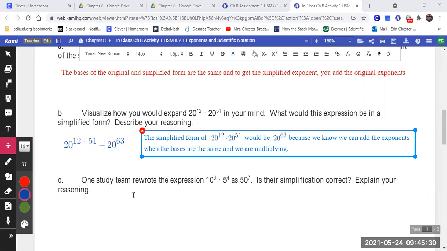So now we have a group that one study team wrote the expression 10 to the third power times 5 to the fourth power equals 50 to the seventh power. Is their simplification correct? Did they do the right thing?